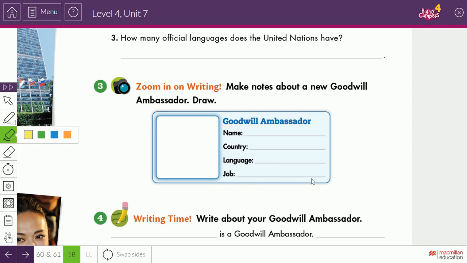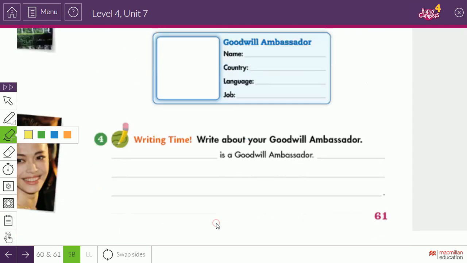His job, for example, making documentaries about poor people in other countries in Africa, for example. His job is to make documentaries about poor people in Africa, in America, because all over the world we have poor people. So all this information that I write here, I will put in this paragraph here.